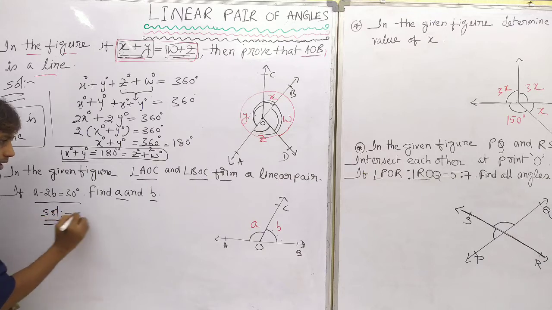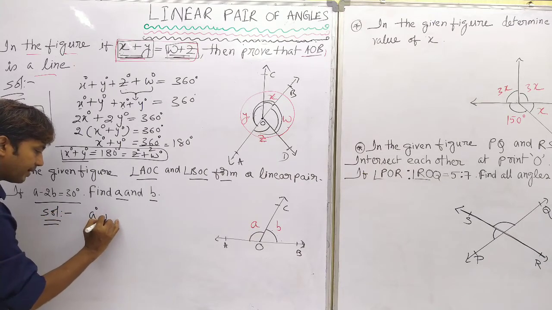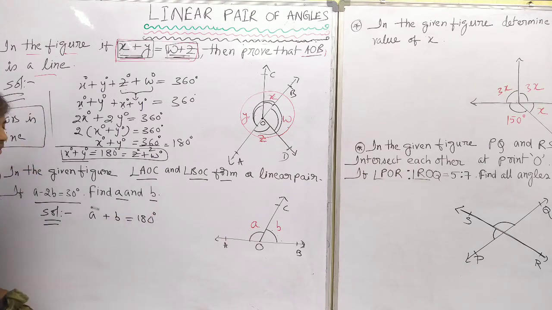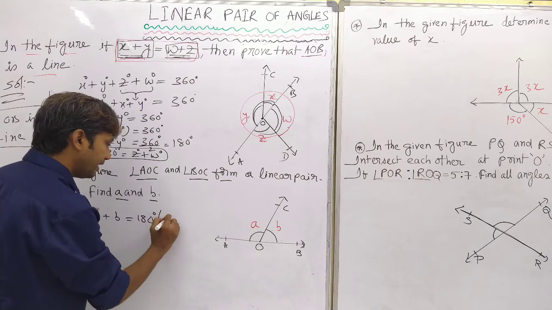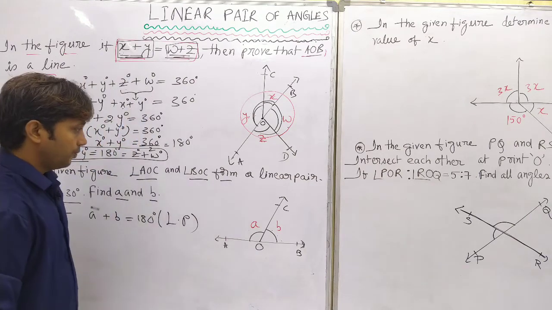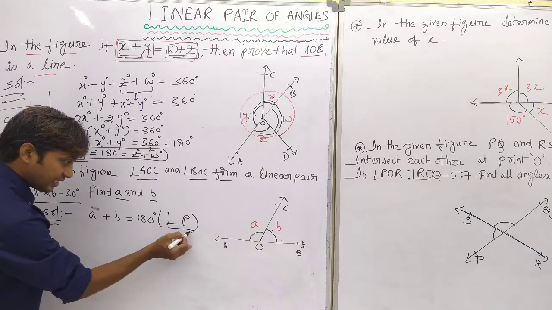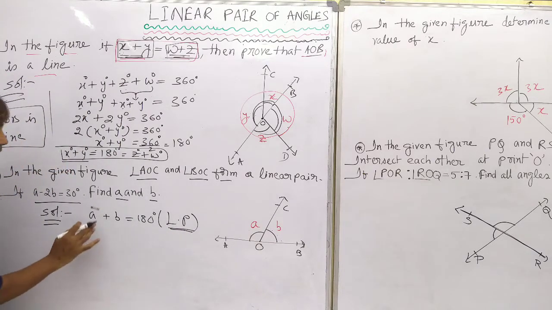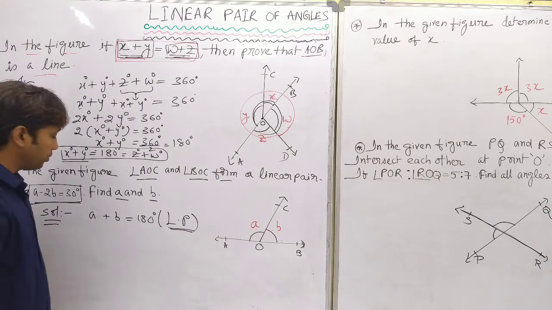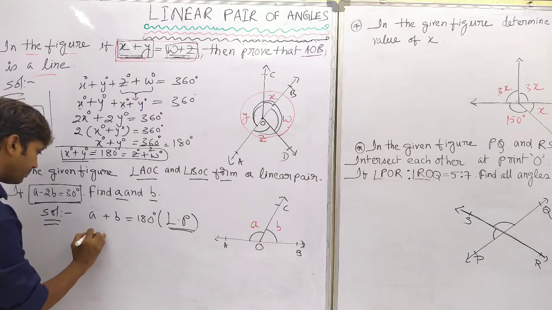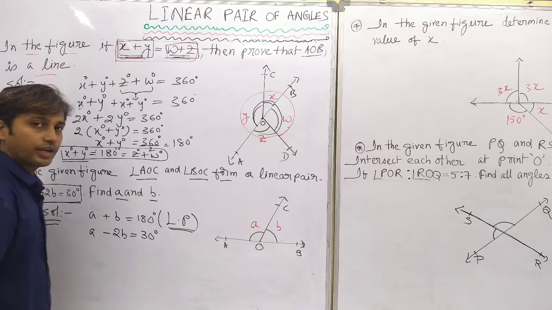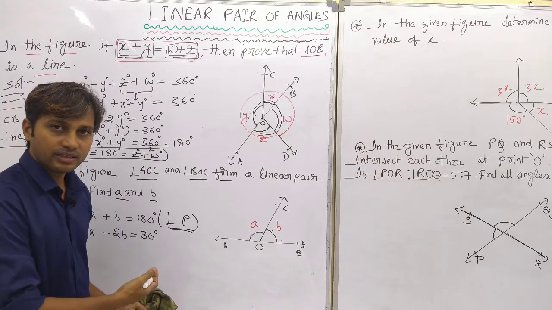Angle A plus B equals 180 degrees, as it's a linear pair of angles. Secondly, we are given the condition that A minus 2B equals 30 degrees.